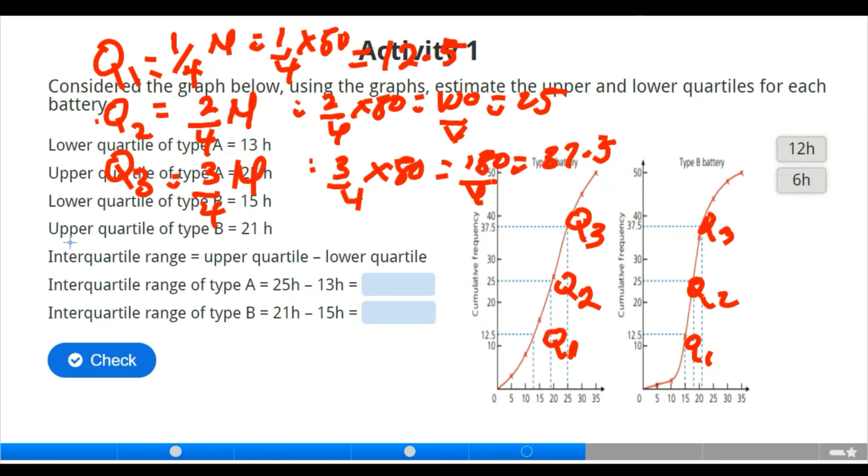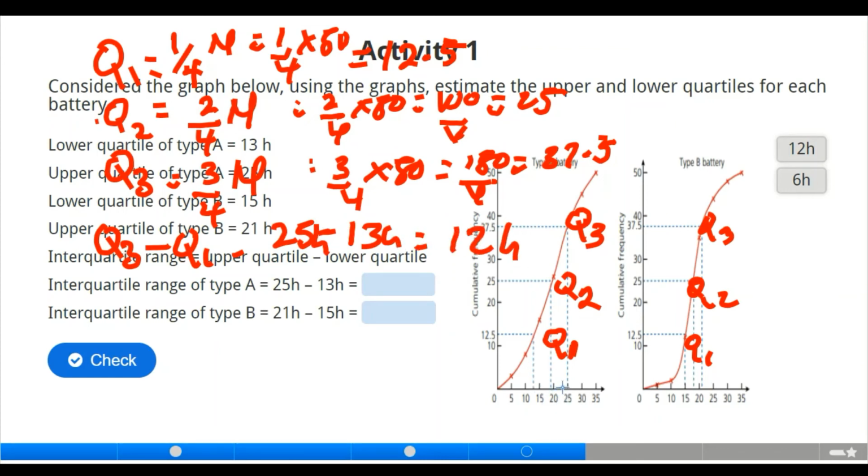If we want to get the interquartile range, the formula is Q3 minus Q1. So what is Q3 here? Considering the upper and the lower quartile, for this one we have 25 minus 13, which gives us 12.